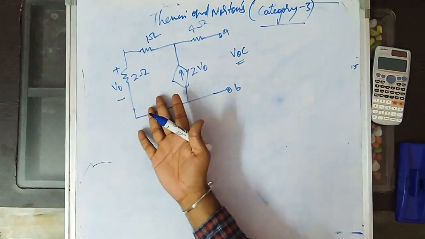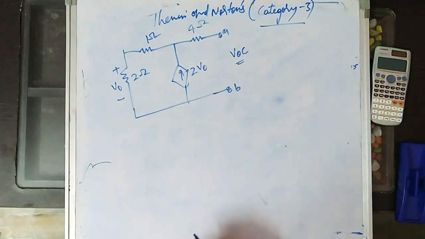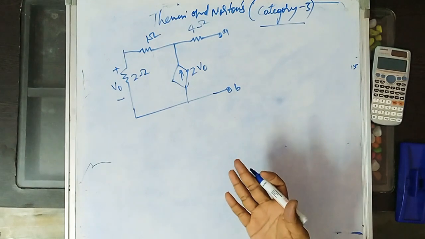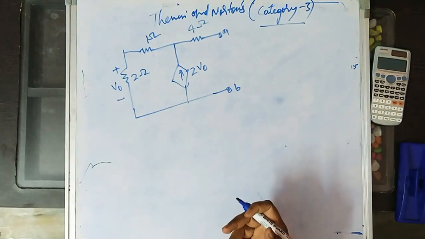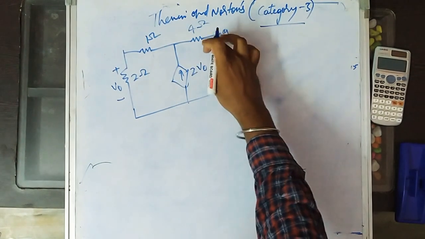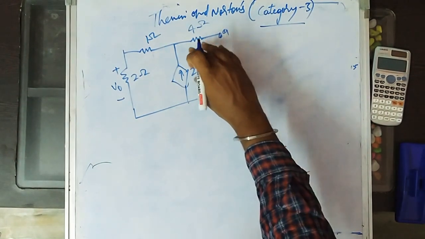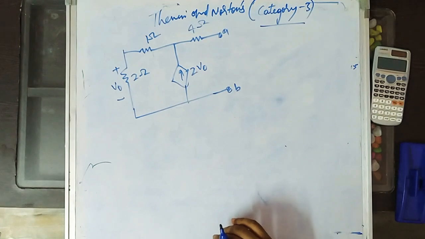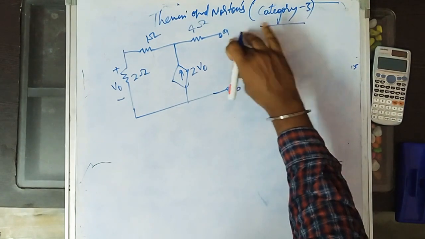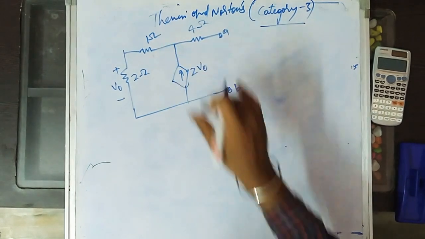So the circuit is called a dull circuit, a dead circuit. There is no active element in that circuit, but we have passive elements: 2 ohms, 1 ohm, 4 ohms, and the dependent source, which is also a passive element. But if we connect any source here, it will be in active form.